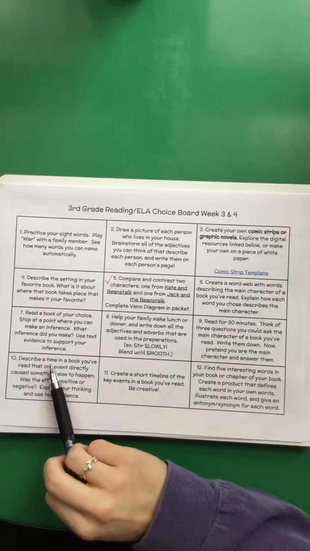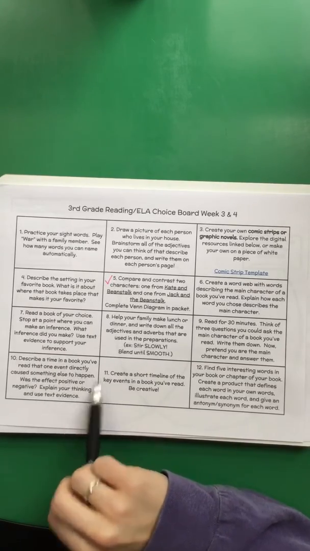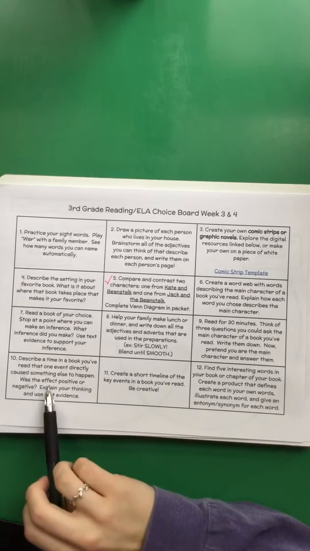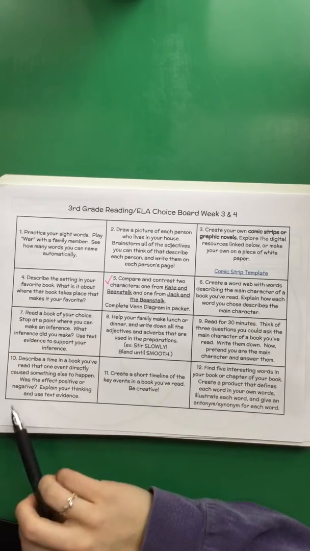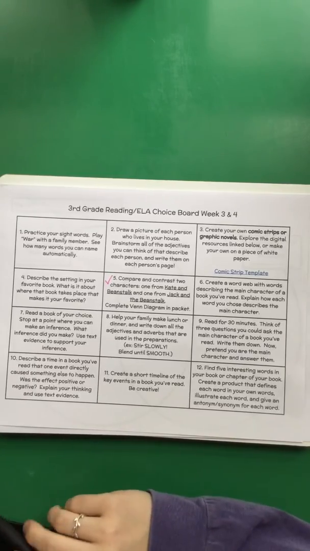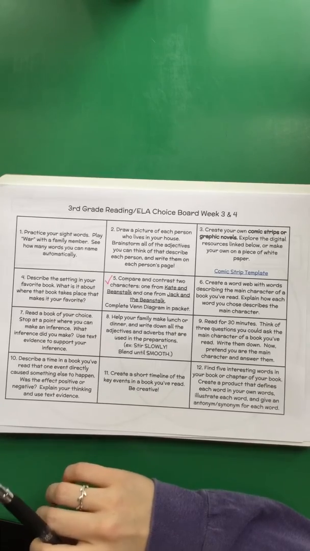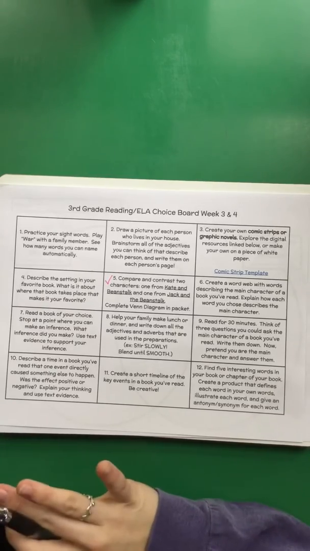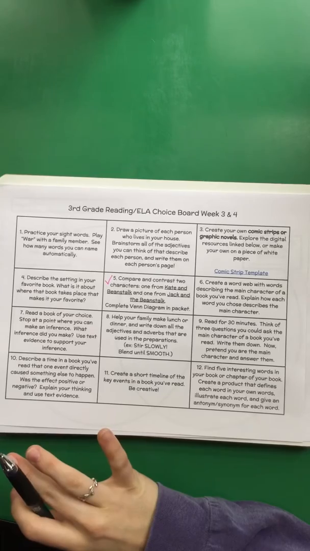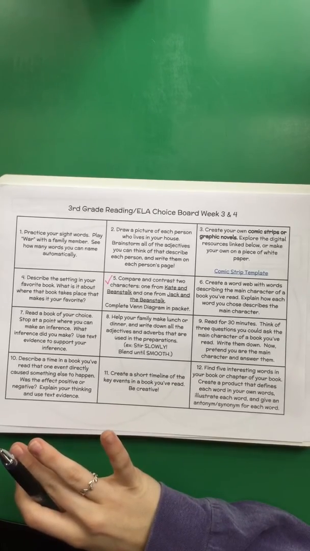Number 10 says, describe a time in a book you've read that one event directly caused something else to happen. Was the effect positive or negative? Explain your thinking and use text evidence. So if I'm talking about The Wild Robot, one event that comes to mind specifically would be when Roz climbed up the tree or was going down the mountain, I can't remember specifically, and she slammed into the tree that had the geese nest in it.